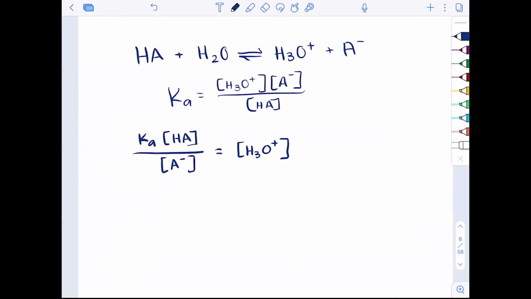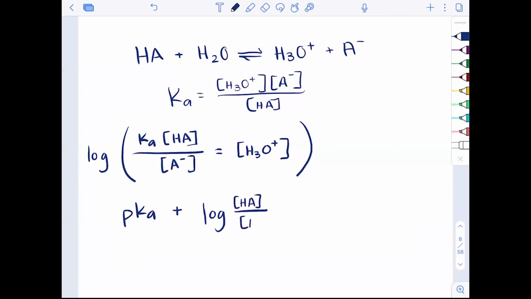Now, taking the logarithm of both sides and expanding out, we can see the Henderson-Hasselbalch equation: the pKa plus the log of HA over A− equals the pH.